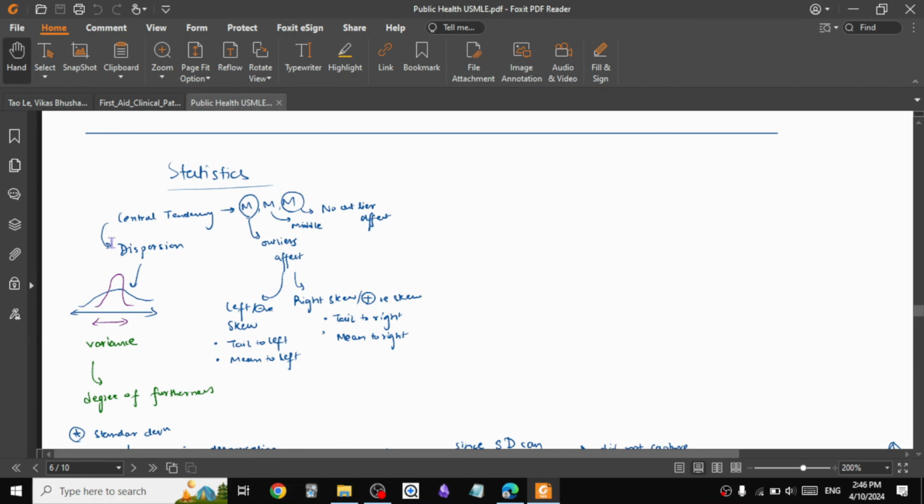First things first, you're always going to see the normal shaped bell curve, and this term of central tendency is always going to come up. The best example is, let's say you have a jar full of sugar or salt and you pour it out on the table and it forms a heap.